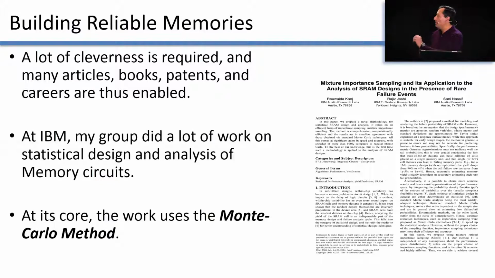At the core of all of those techniques, at the bottom of the pyramid, if you like, of the analysis, is Monte Carlo, right? Because in the end, you have to evaluate some yield integral over some multidimensional space, blah, blah, blah. And the most convenient way to do that is Monte Carlo.